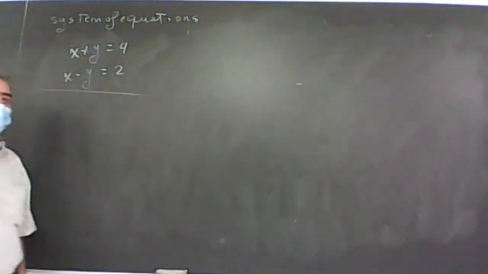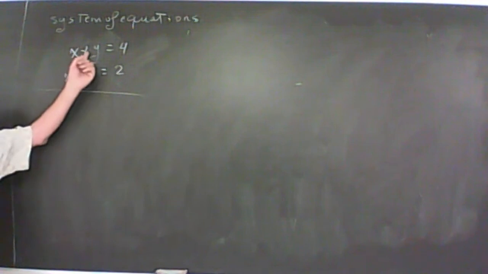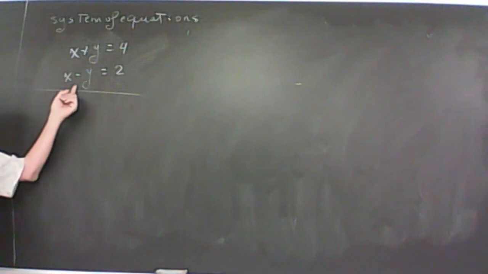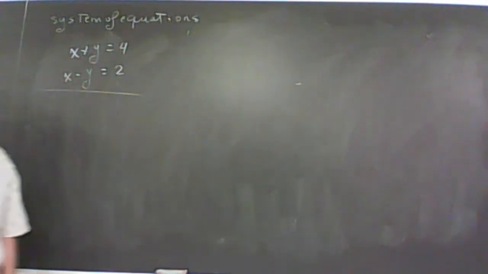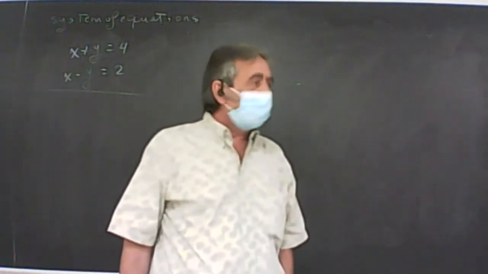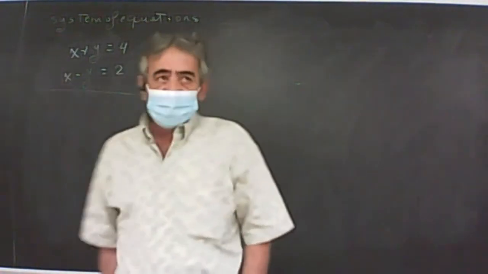If I look at those equations, I can see right away that the top equation has a +1 for y, right? The bottom equation has a -1 for y. So that means they are the opposite of each other. So I don't have to do much work. All I do is add those two equations and get rid of y.